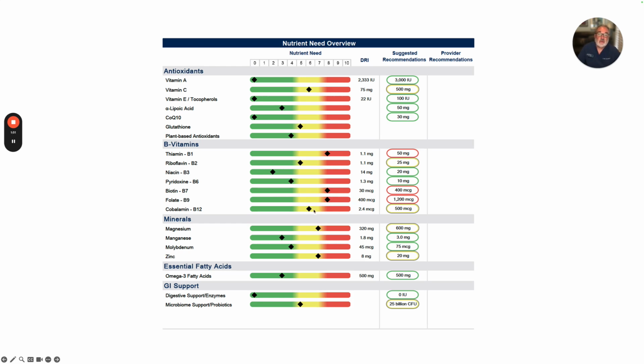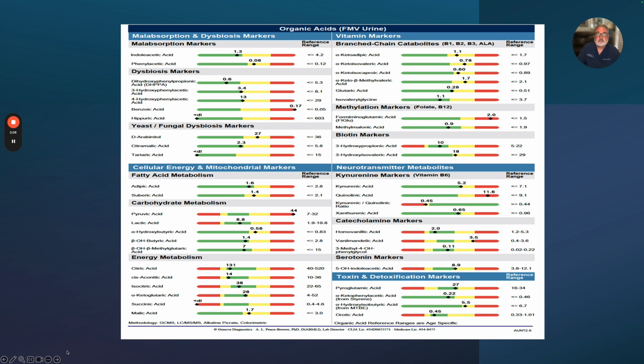Then we want to look at other ones. Zinc can be related to mood disorders, deficiency in zinc. And the glutathione is a little bit low also. So it gives you an overview of different nutrients that are deficient.